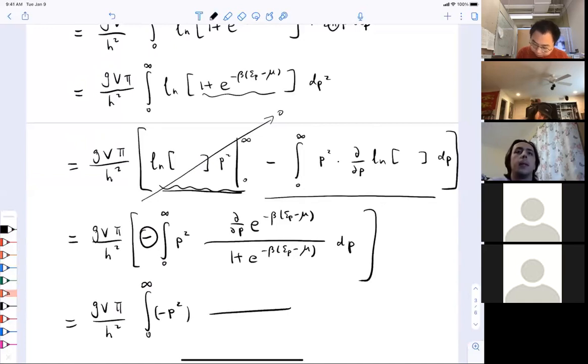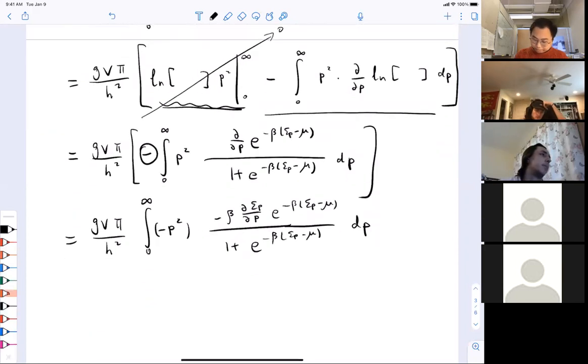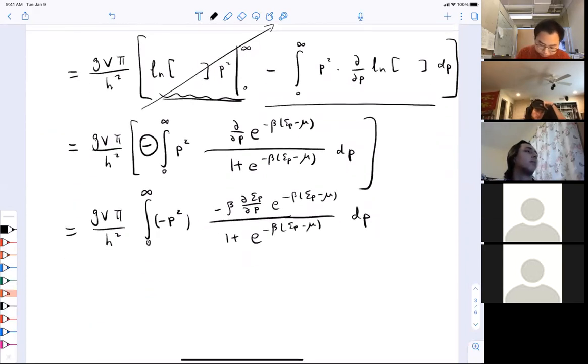This derivative gives us minus beta partial epsilon p over partial p times exponential of minus beta epsilon p minus mu. And now this minus sign cancels with the minus sign here.